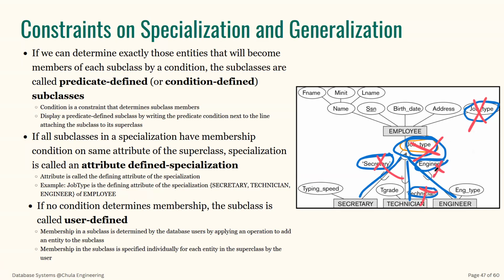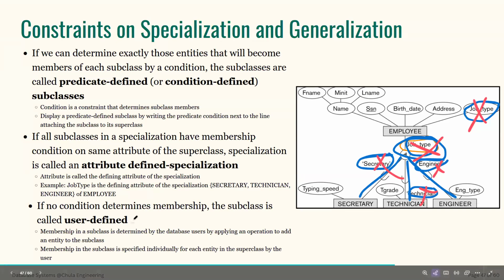So when you use the system, you ask the user whether they are a secretary, technician, or engineer. When they say yes to secretary, you key in typing speed. If technician, you key in the T grade and so on. So you manage it at the user defined level, right?